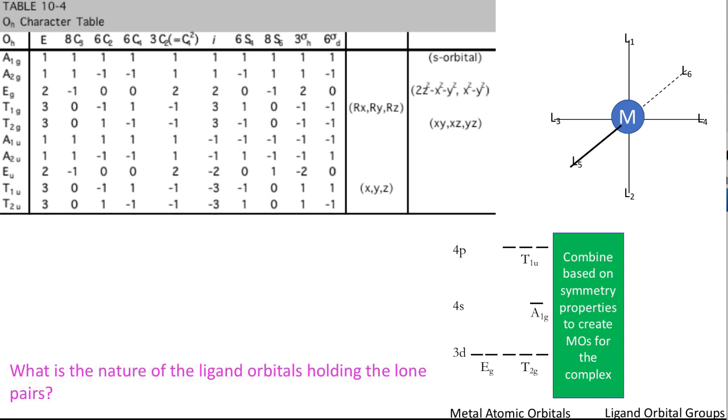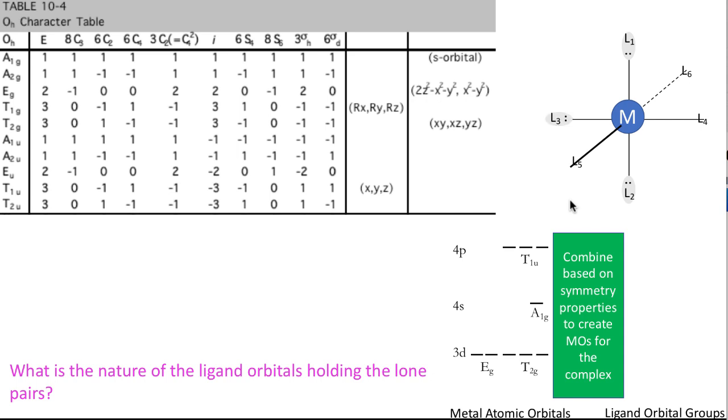Next, we want to consider the nature of the ligand orbitals, which are holding the lone pairs. Now, ligands can interact with the metal via sigma, so head-on interaction, or a pi interaction. We'll talk about pi interactions later on. But for now, we're going to look at the ligands just from a sigma donation approach.